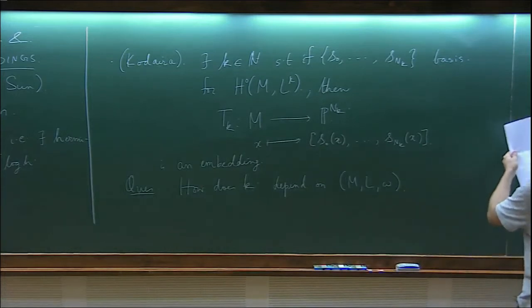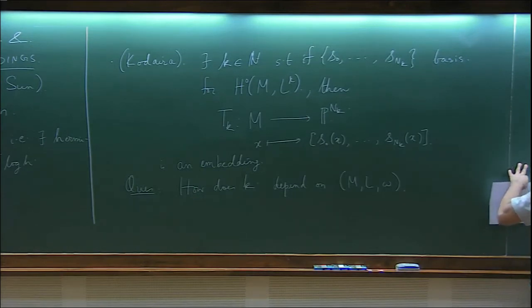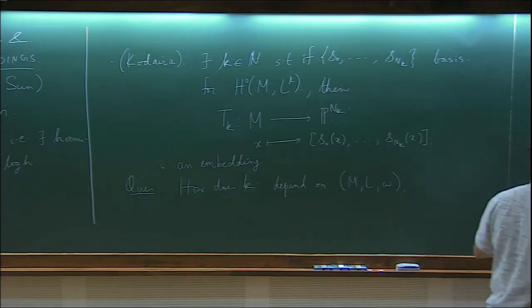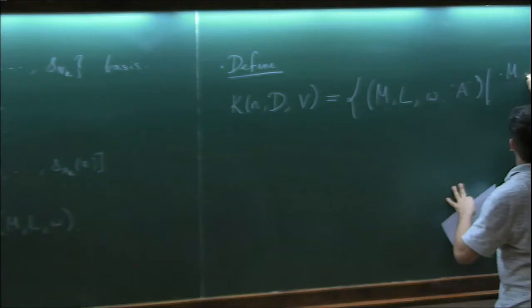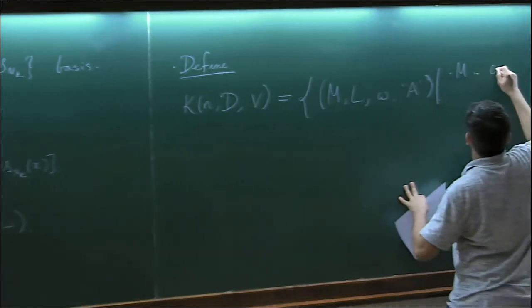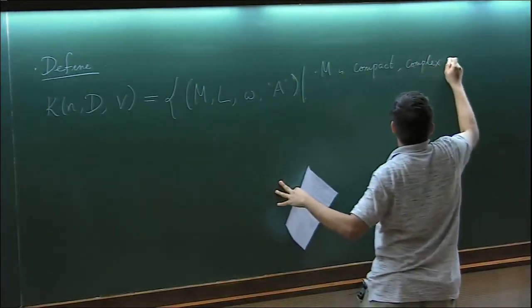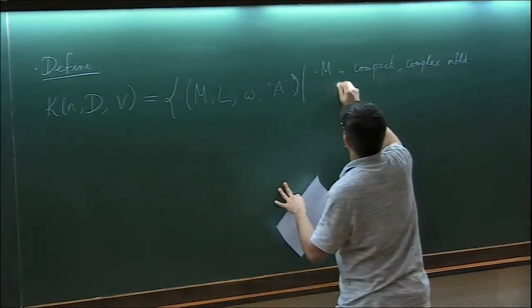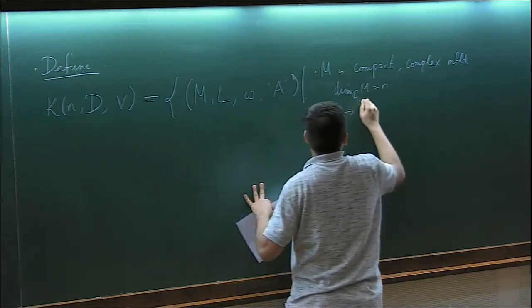So to formalize this, let me just define the following space. This is going to be the set of all tuples. In the background, I also have a Chern connection, but I won't often write the Chern connection, such that M is a compact complex manifold, L is an ample line bundle.